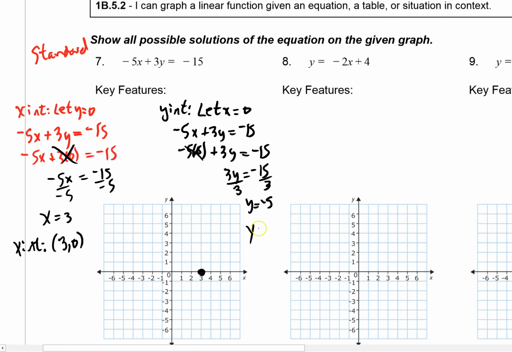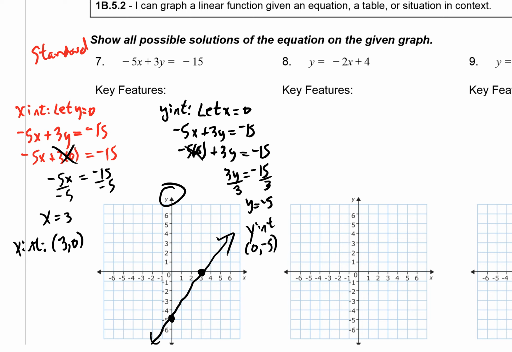So our y-intercept will be 0, negative 5. And that's going to be down here. This is where we're intercepting the y-axis. 2 points determine a line, so you just connect those 2 points, and you're good to go.